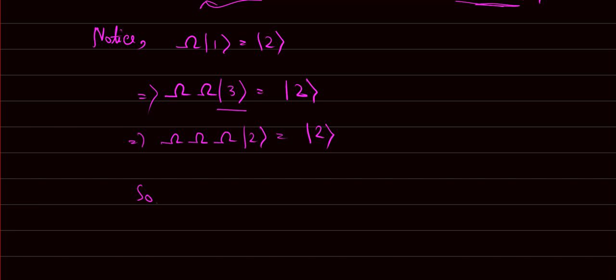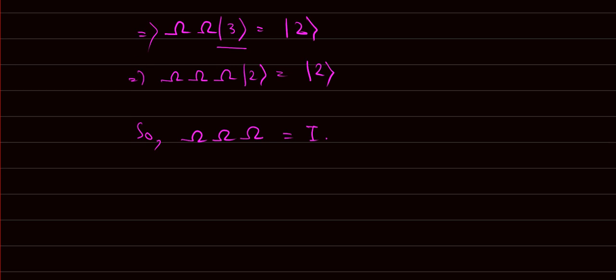So we are sure that the product of three continuous omega operators gives us the identity operator. So what does it mean? It means that if we apply the linear operator omega 3 times, the vector does not change.